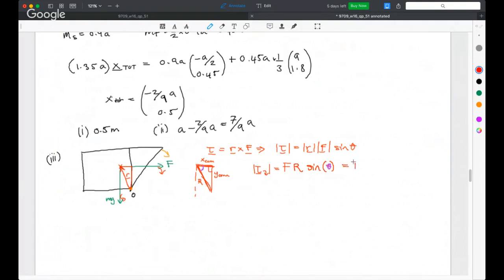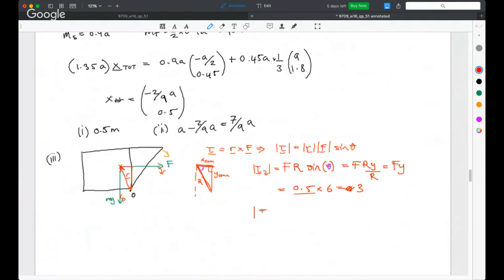So this is equal to F r y over r, which is just F times y, which is 0.5 times 6, 0.5 being the y coordinate, which is 3.